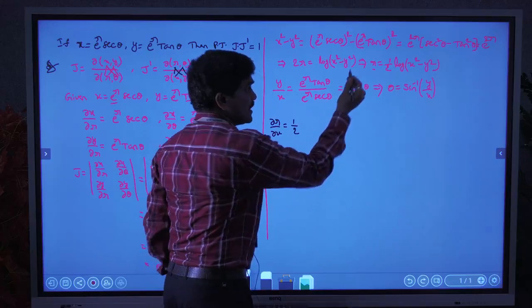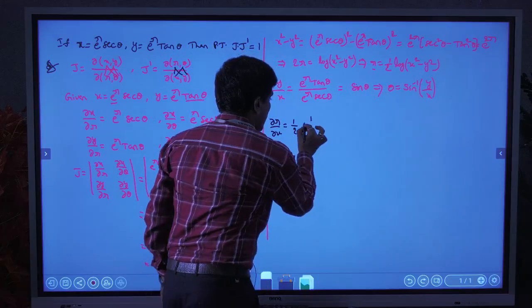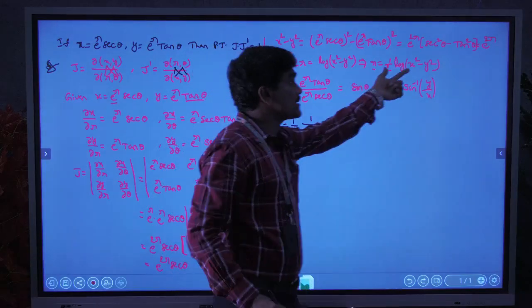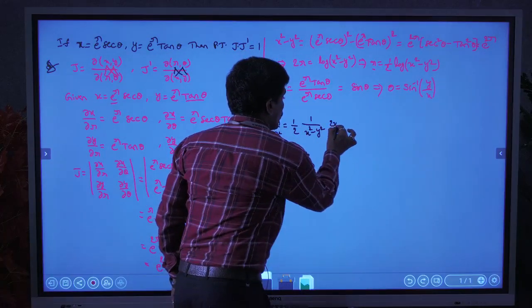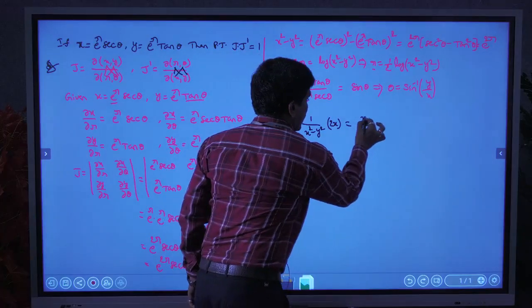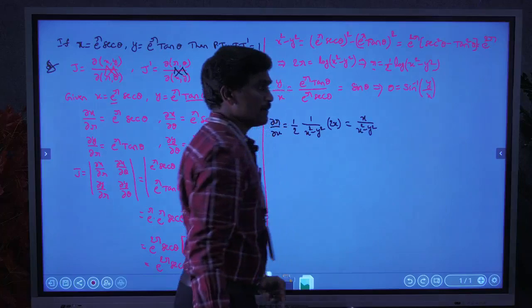Here 1/2 is a constant. First of all this is log x, derivative is 1 by (x squared minus y squared), and again the derivative of x squared minus y squared with respect to x gives 2x. So the 2 cancels. Finally we get x by (x squared minus y squared).